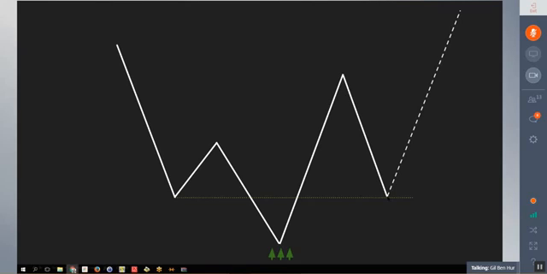So this one is obvious. But why does this Quasimodo level work every time, or most of the time, very precisely? The answer is when you investigate what's going on in theory to the order flow. So let's go step by step on this zigzag. When a price bounces on anything, it creates an imbalance of buyers.